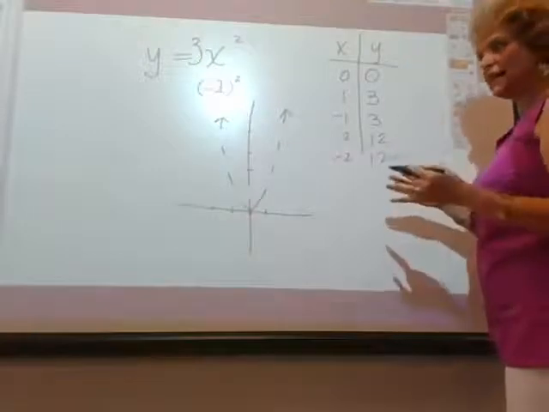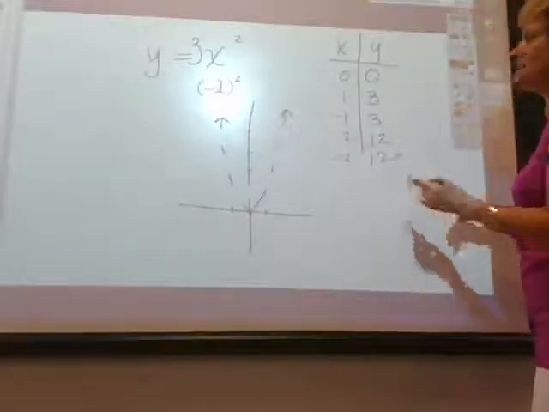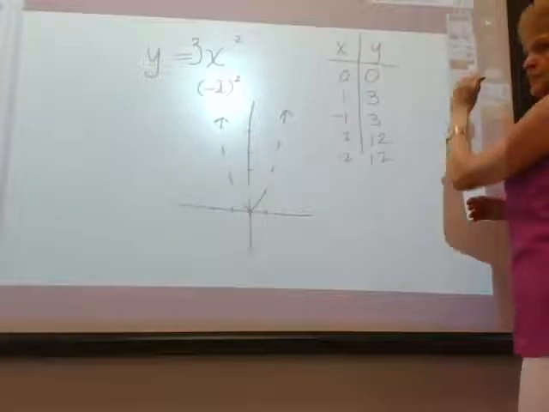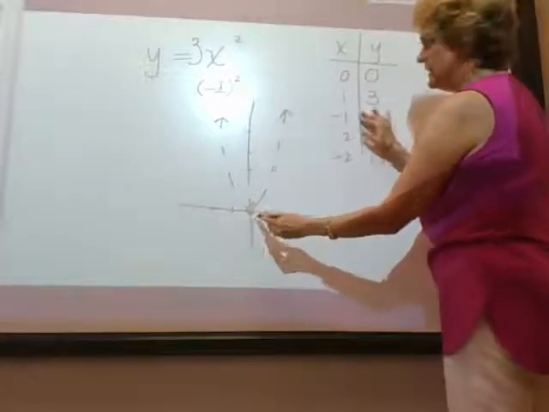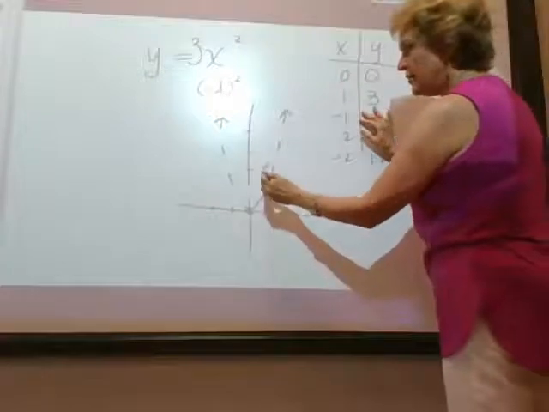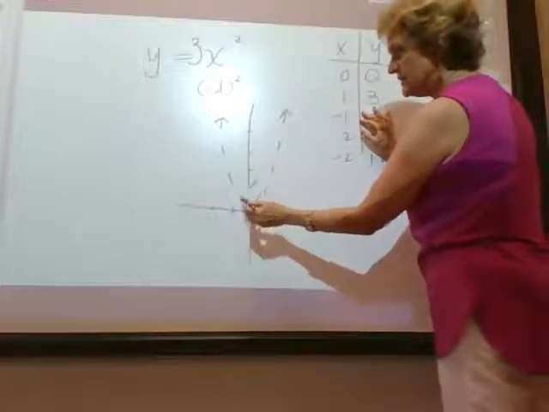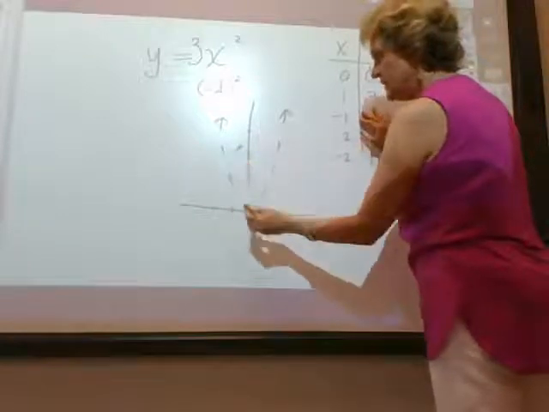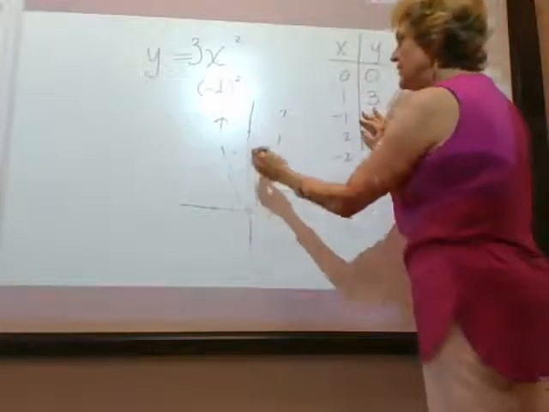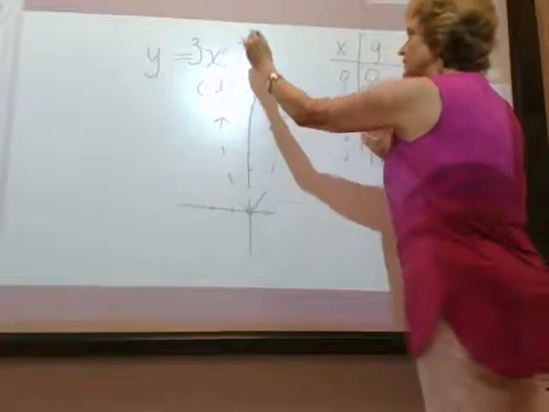So let's see what happens in this graph. I'm going to change the color. I hope you guys can see a different color. So it's still at 0, 0. It's at 1, 3. Negative 1, 3. Then 2, way up here at 12.